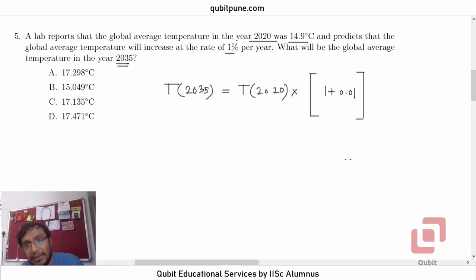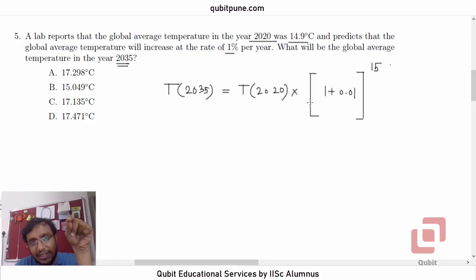So this will be the temperature in the year 2021. In the next year it will be the square, in the year 2023 the cube. So in the year 2035, the 15th year, it will be 1 plus 0.01 raised to 15.